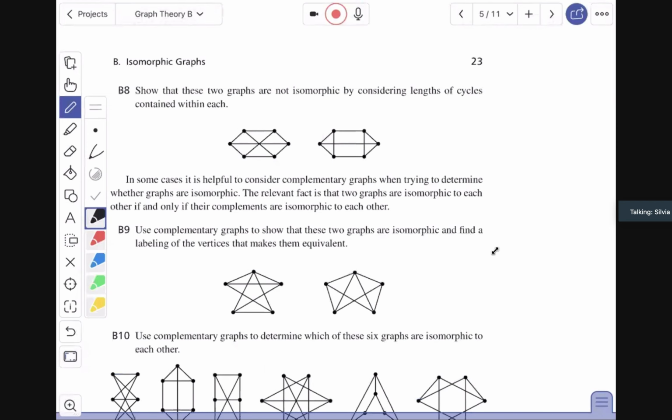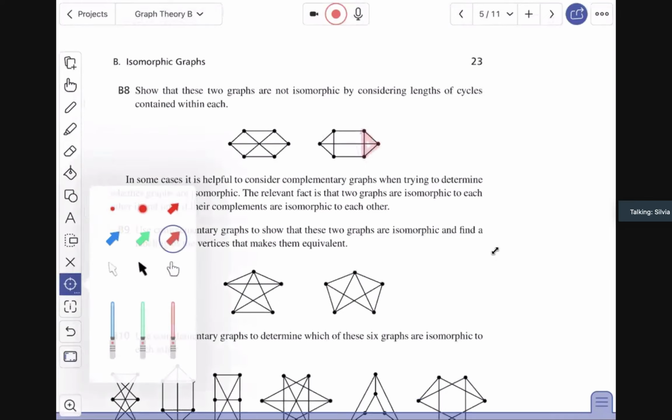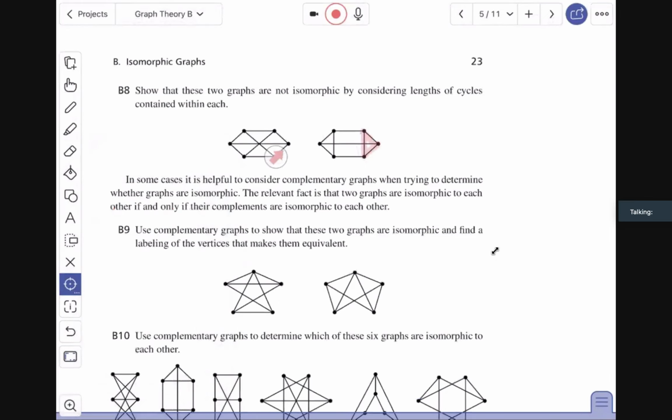This one here has a C3, a triangle, but this one doesn't. The other one doesn't have triangles, doesn't have C3s. They have the same degree sequence. The degrees are three, all of them, right?